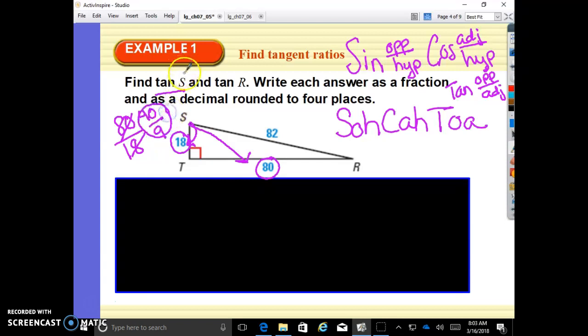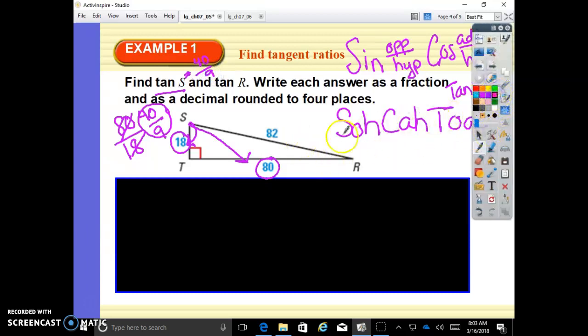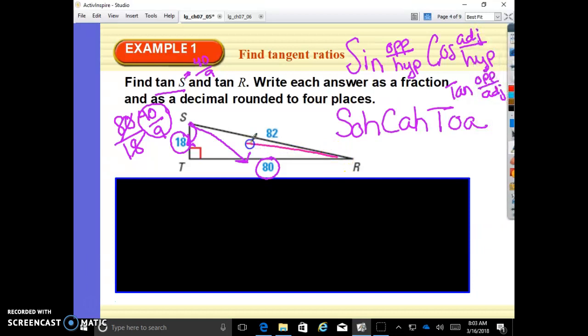So our tan S equals 40 over 9. Tan R, going from R, opposite, 18, over adjacent, next to it, but not the hypotenuse, 80. That would be 9 over 40 when you reduce.